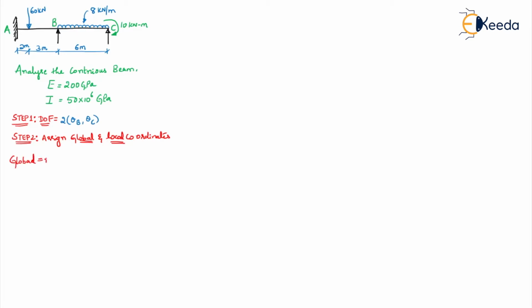It will be equal to the degrees of freedom, so there will be 2 global coordinates. The local coordinates will be equal to 2 into the number of members. How many members are there here in total? AB is one member and BC is another member. So 2 into 2, there will be 4 local coordinates.